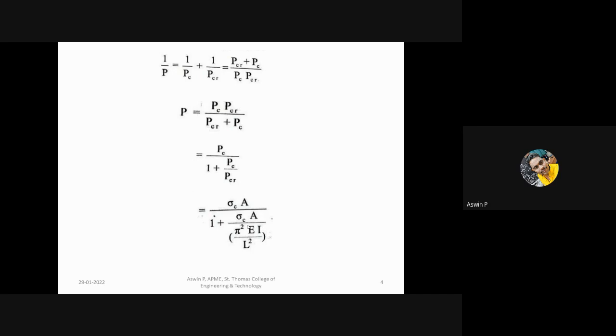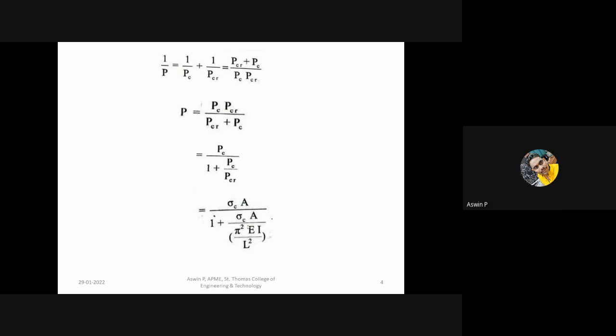Have you written this one completed? Please do it fast. First of all, we have given the equation for 1 by P, that is Rankine's loading, that is 1 by PC plus 1 by PCR.